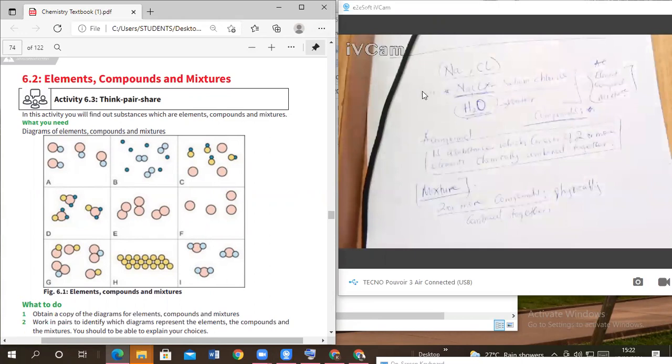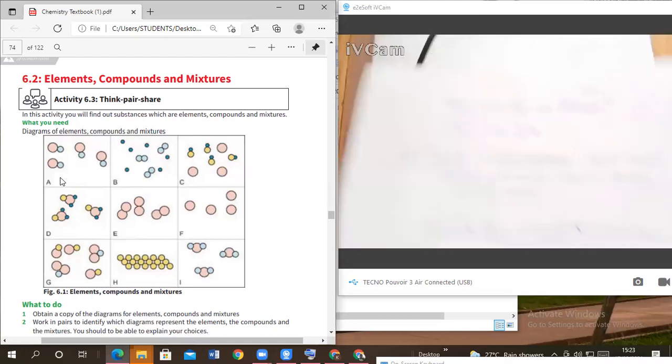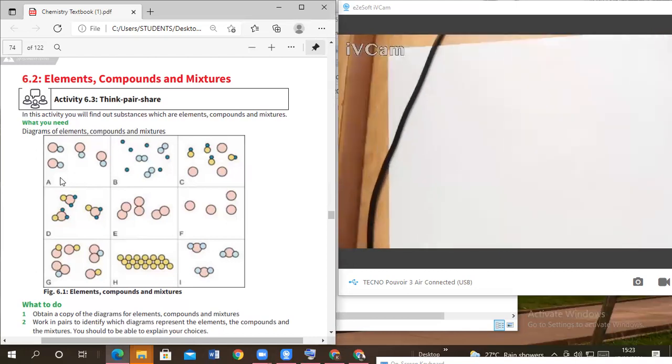Unmute, we have less than a minute to go. Unmute and we talk. A is what? Is it an element, a mixture, or a compound? A mixture. According to the definition, A is? A is a mixture.